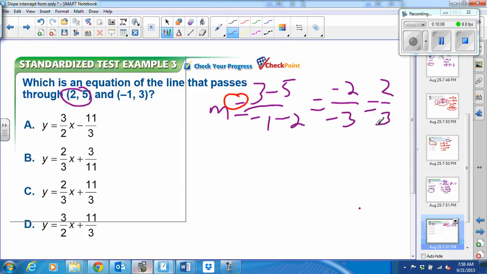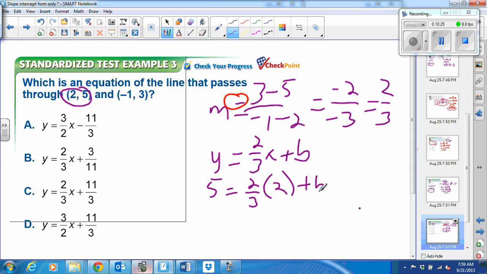This is going to make our numbers a lot prettier. So we have y equals 2/3 x plus b. And I'm going to pick (2, 5). So 5 equals 2/3 times 2 plus b. So 5 equals 4/3 plus b.